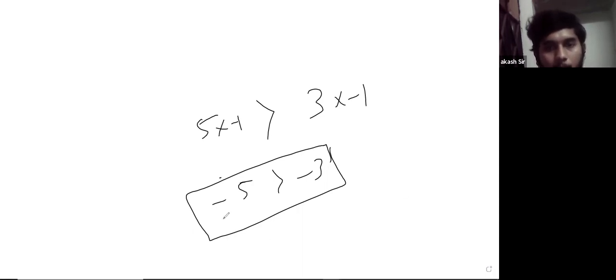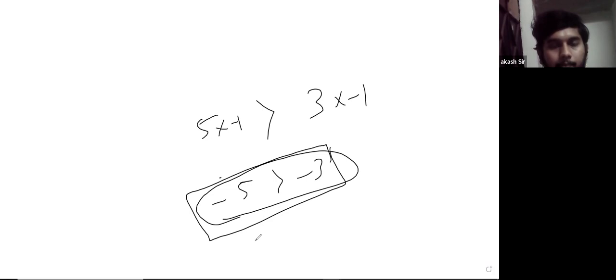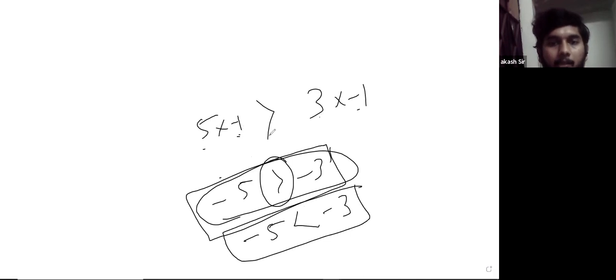I'm asking if this is true or not. No, sir. See, here we had 5 is greater than 3, but because we multiplied by a negative number, this sign doesn't hold true anymore. So we have to write it down as this. We have to change the sign because a negative number is multiplied on both sides.